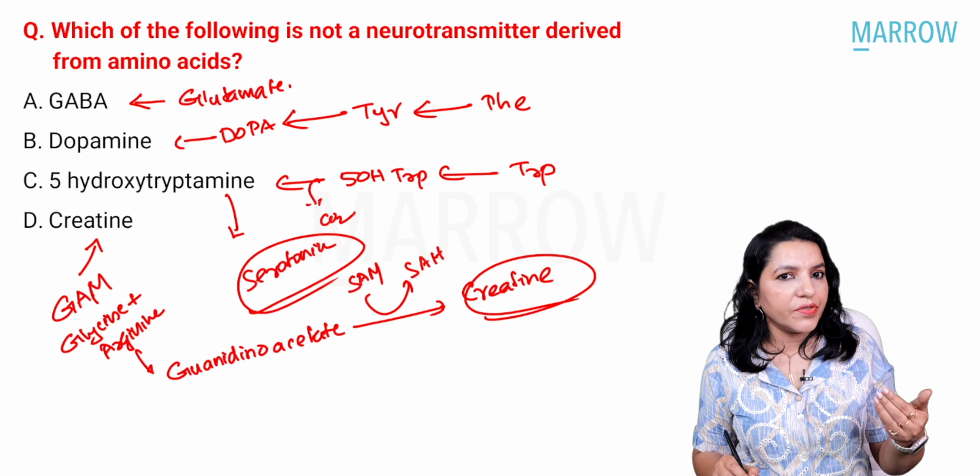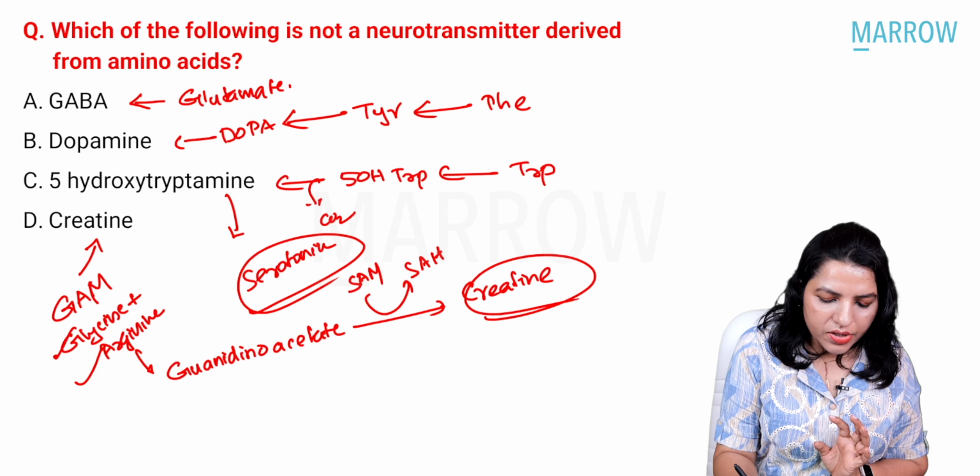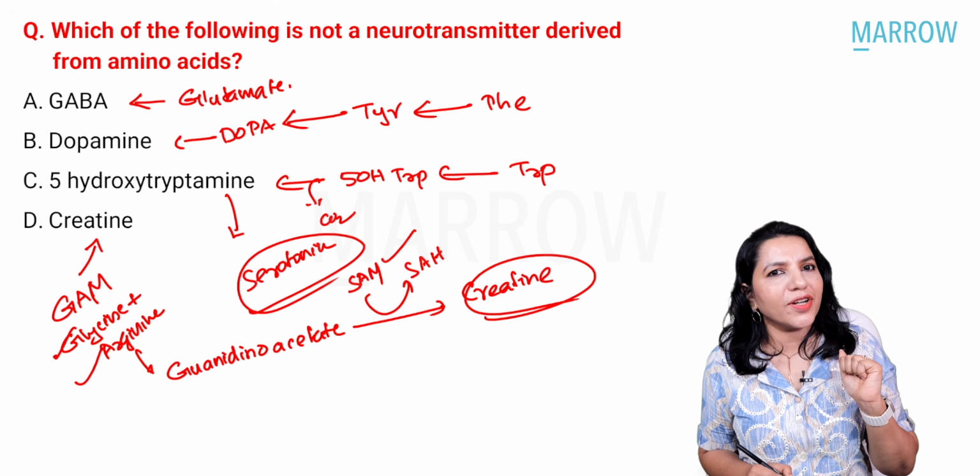Again, it is derived from amino acid. So 3 amino acids, glycine, arginine and methionine, which means all these products are derived from amino acid.